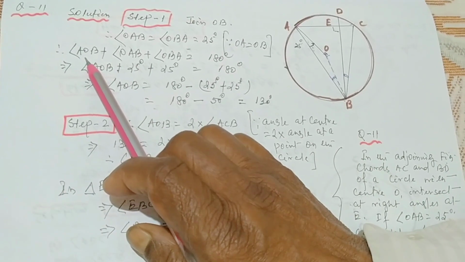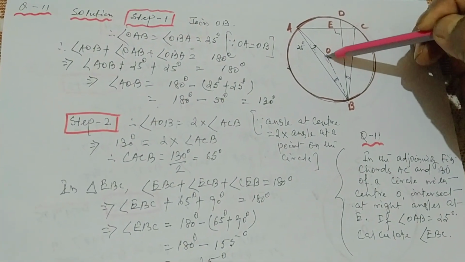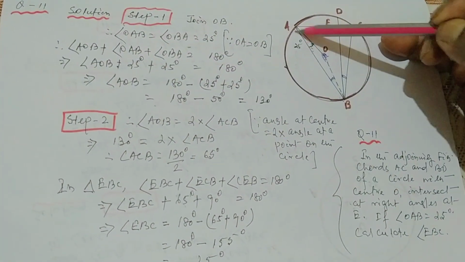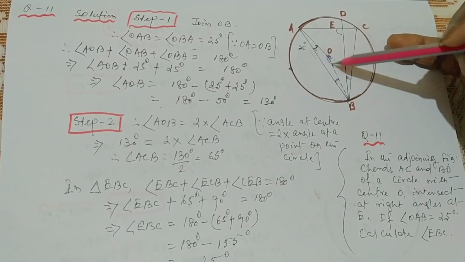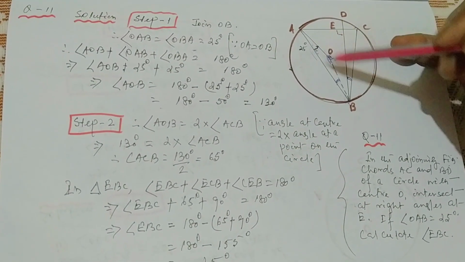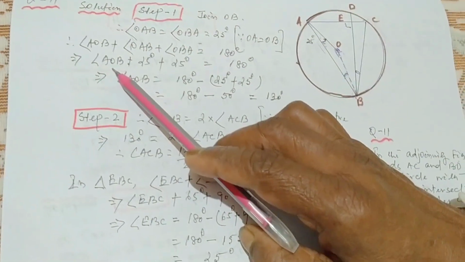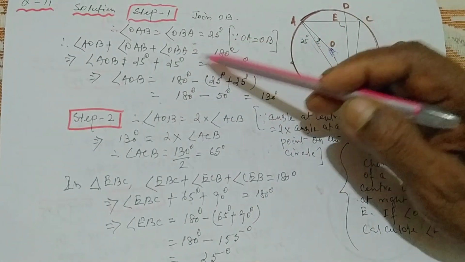Therefore angle AOB plus angle OAB plus angle OBA, the sum of these three angles of the triangle OAB is equal to 180. So now angle OAB is 25 degree, the value of this angle is 25 degree, that equal to 180.